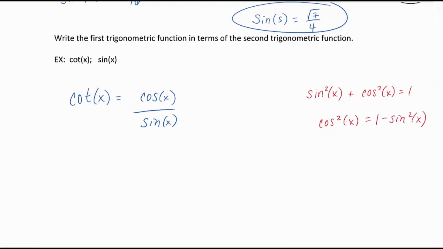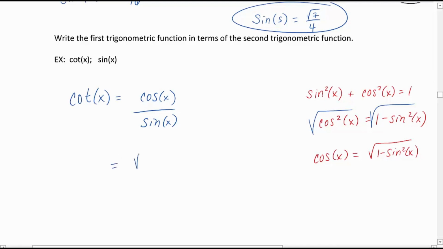And then I'm going to take the square root of both sides. And we get that cosine of x is equal to the square root of 1 minus sine squared x. Because we want it for algebraic purposes, we're not going to put the plus or minus there. We're just taking the principal root.